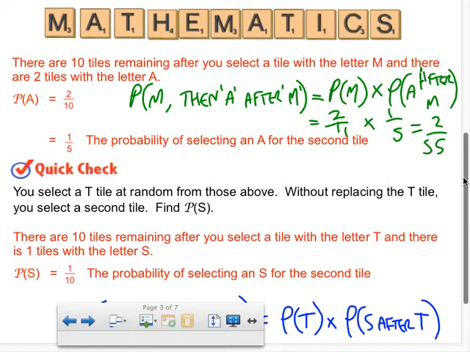If it's an impossibility, the probability is 0. If it's an absolute certainty, the fraction simplifies to 1. So are these fractions closer to 1 or closer to 0? Are they likely to happen? No.